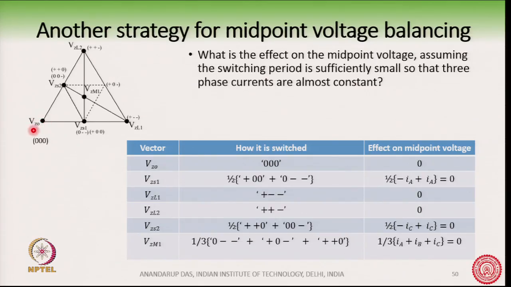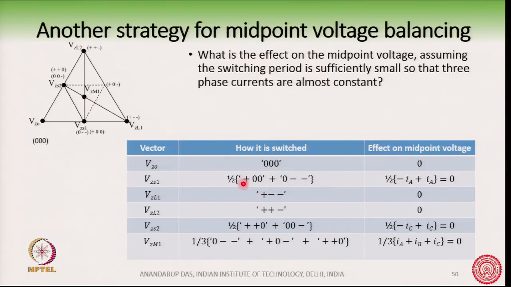If we apply the VZ0 vector, then of course 0 0 0 and IA plus IB plus IC assumed to be 0, then the effect on the midpoint voltage is 0. If we use VZS1, as we have defined, VZS1 is defined as half of plus 0 0 and 0 minus minus, these 2 switching states combined, applying half of each of these switching states.